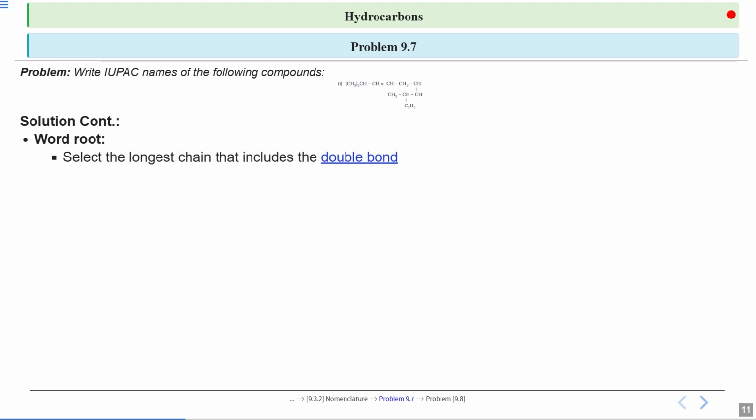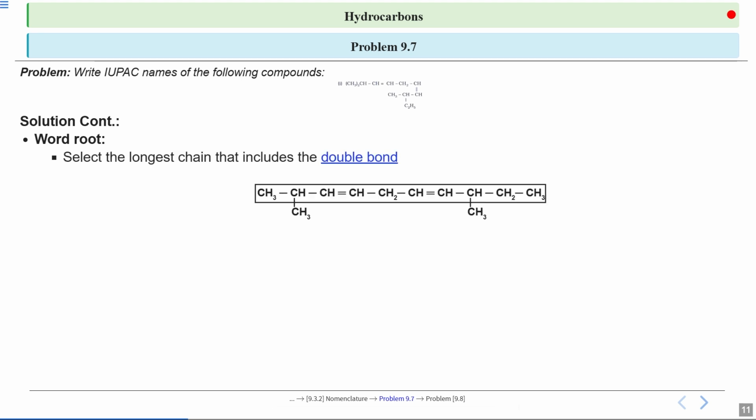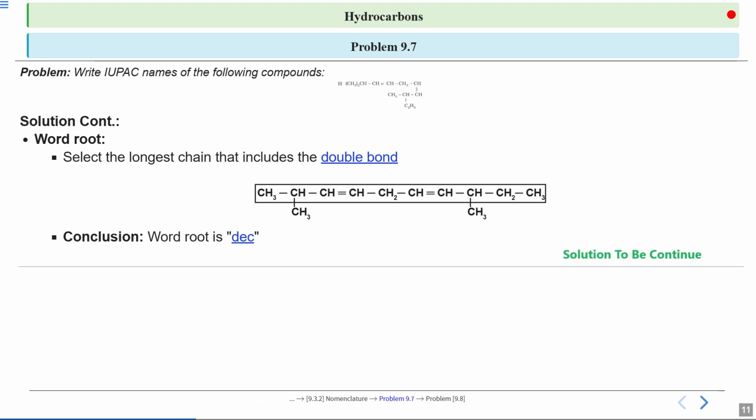So if that is the case, then looking at the compound clearly says that this is the longest chain which is possible. It includes 2 double bond, right? And apart from this longest chain, we have 2 substituents also. Now if you count the number of carbon in this longest chain, it is 10. Okay, so therefore the word root is dec.